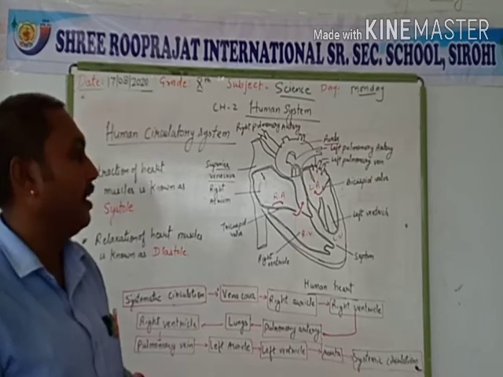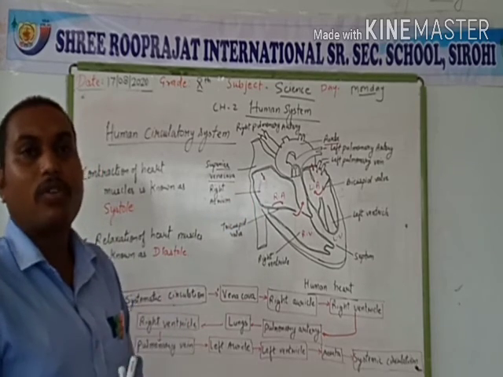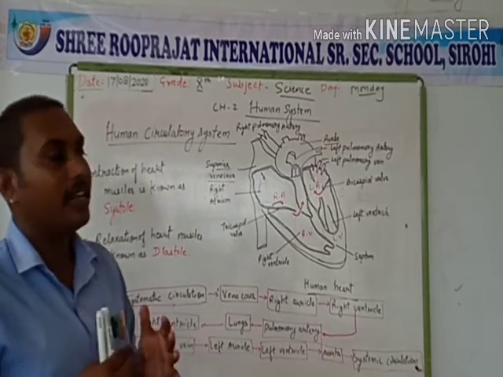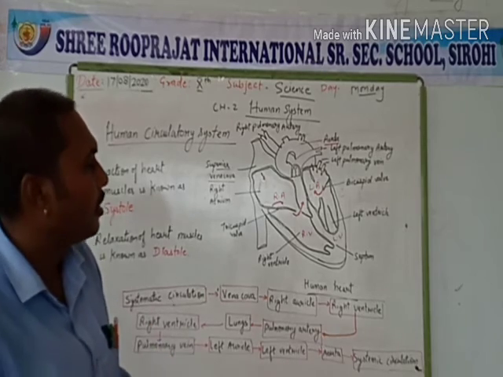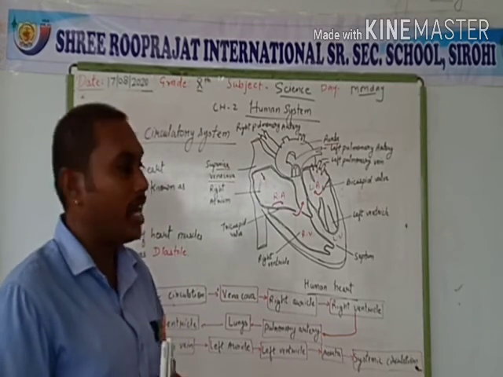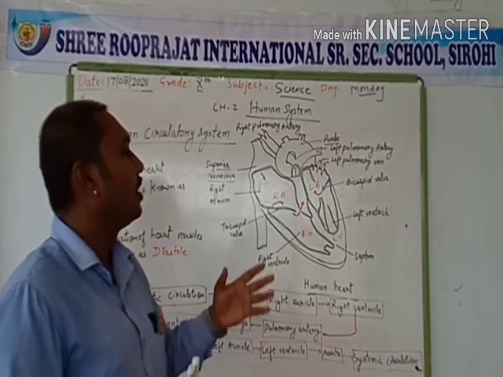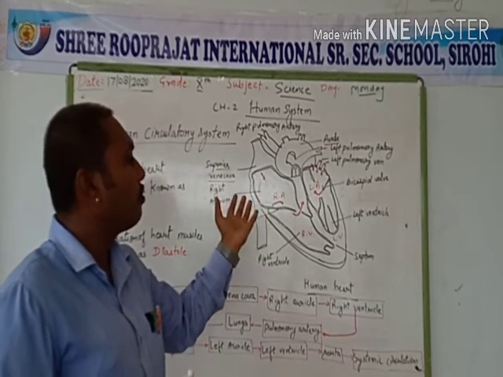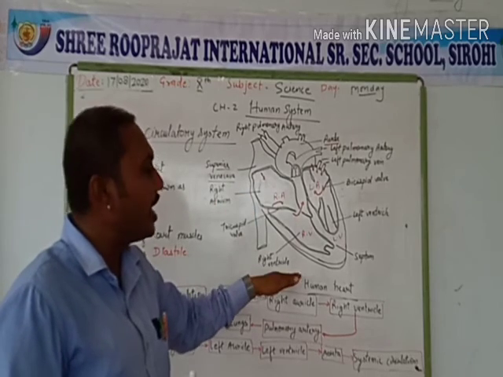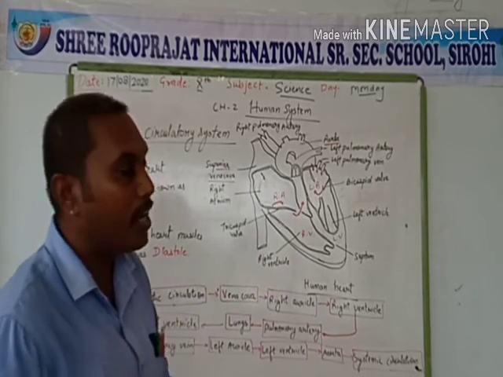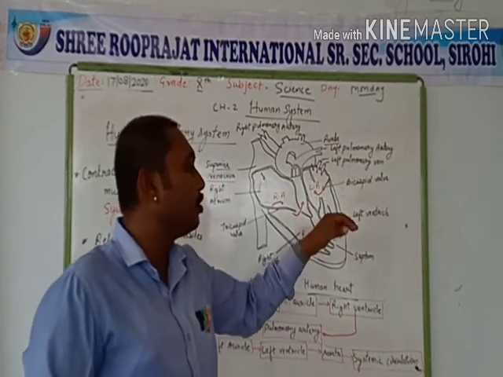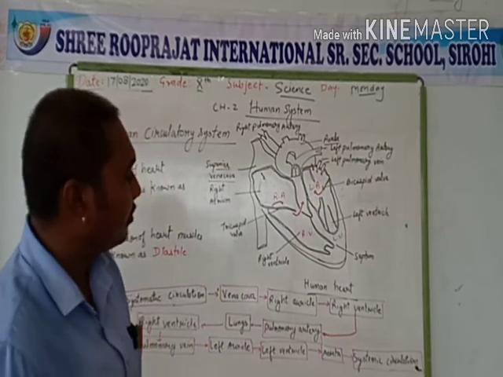Now again the auricle region will contract and the ventricle region will relax. When the auricle region contracts and the ventricle region expands, the impure blood from the right auricle goes into the right ventricle and the pure blood from the left auricle goes into the left ventricle.